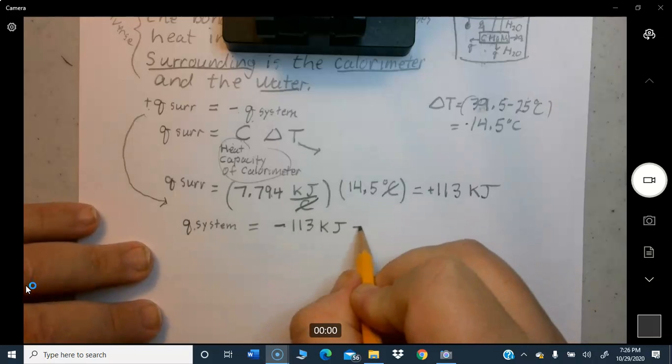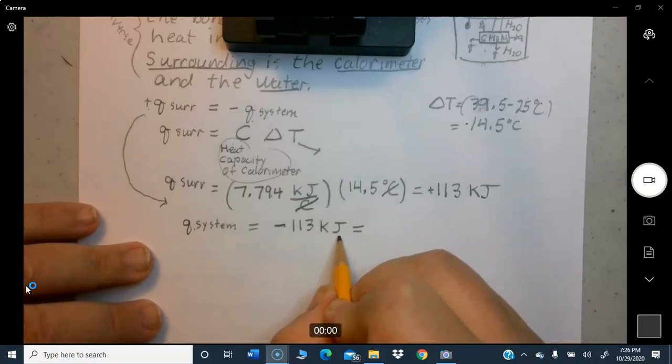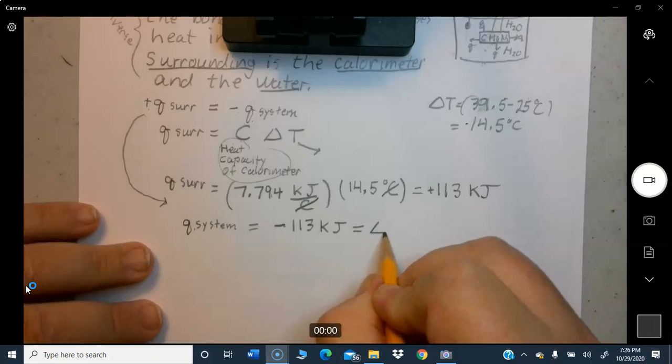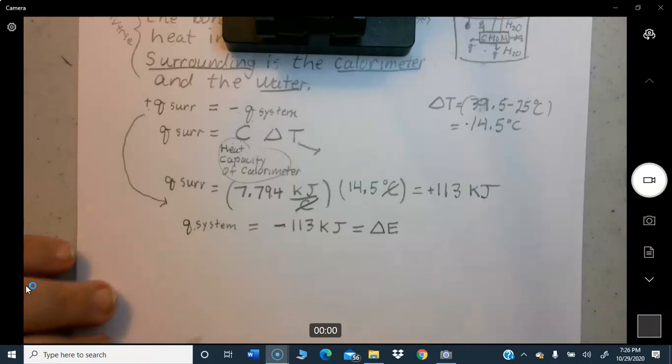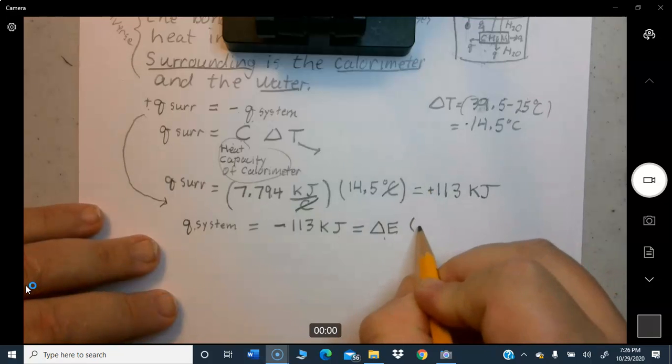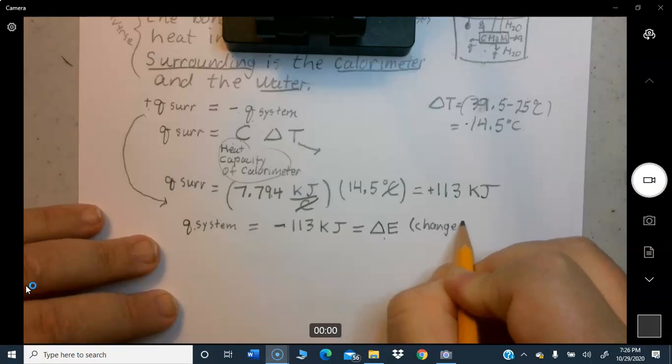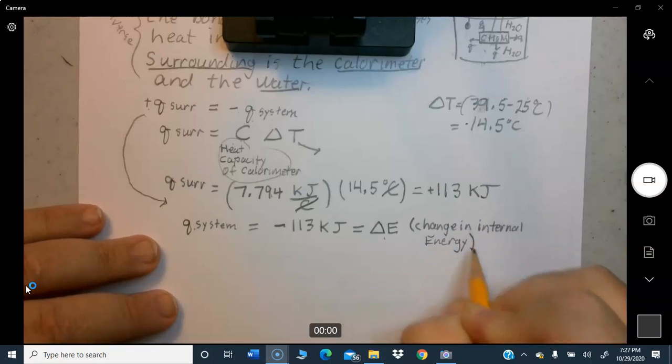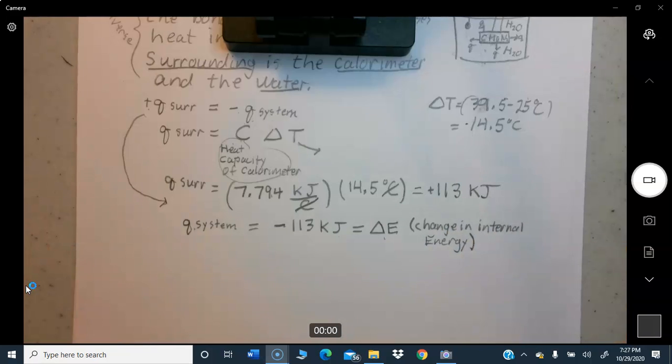This is not equal to delta H. It's equal to delta E, the change in internal energy. It's just a technical distinction. You just have to know that it is. So that's the change in internal energy. Okay, there you go. And it's in kilojoules already, so we usually leave energy in kilojoules.